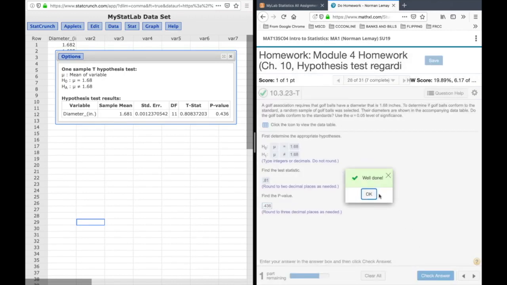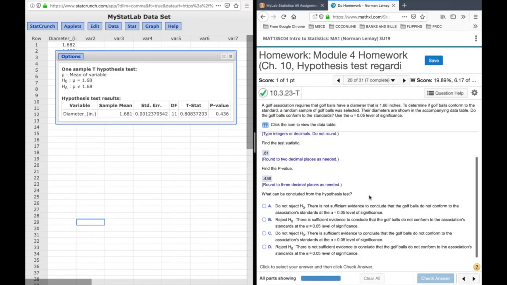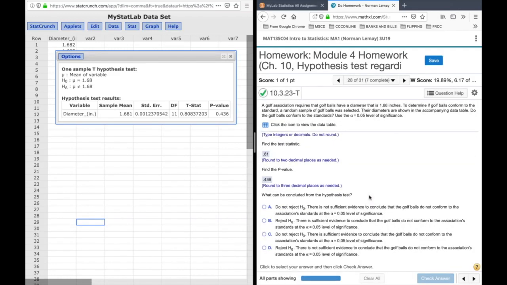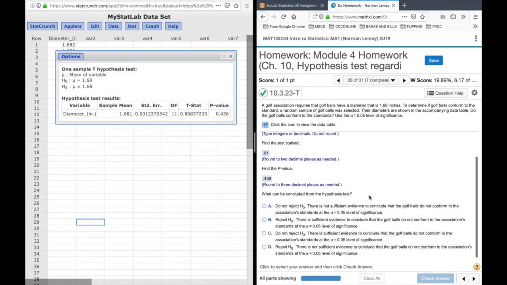Notice that StatCrunch really does knock everything out for us as far as the computation is concerned. We still have to make sure that we can interpret everything correctly. Our decision-making says that when it comes to p-values, we reject the null hypothesis for small p-values and fail to reject the null hypothesis for large p-values.